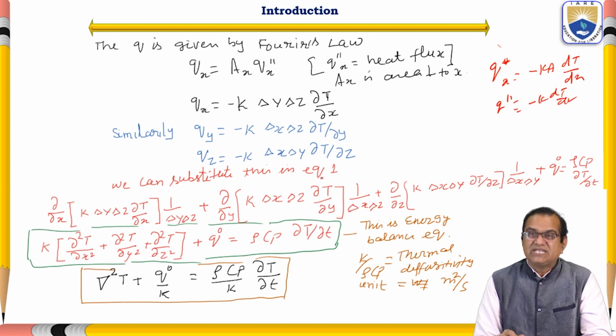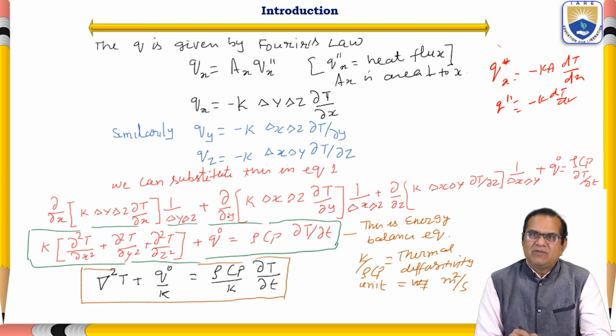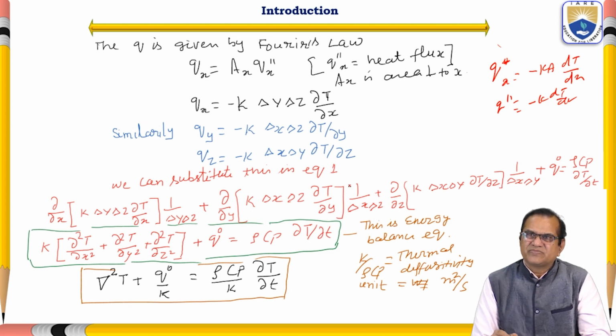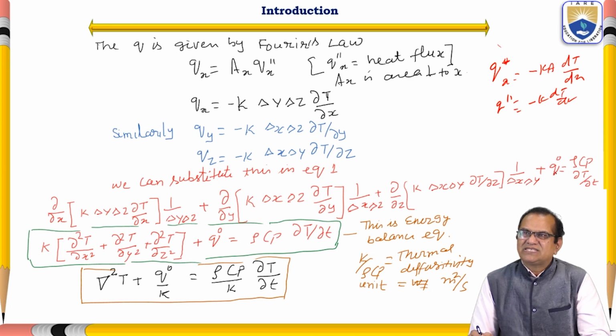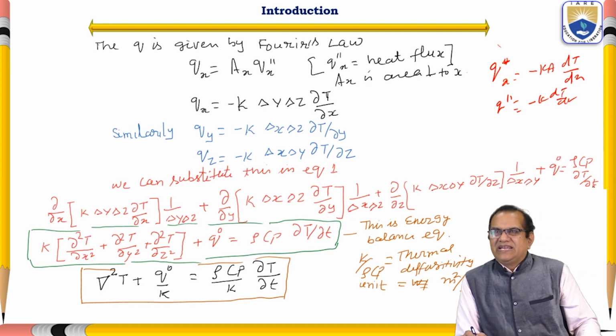We can substitute this in the previous equation, and then we will find del by del x, inside the bracket, K dy dz del T by del x, 1 by dy dz, plus del by del y, K dx dz del T by del y, 1 by dx dz, plus del by del z, K dx dy del T by del z, 1 by dx dy, plus Q dot equals rho Cp del T by del t.